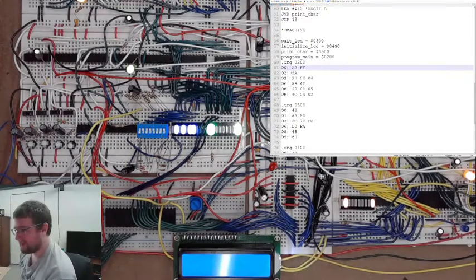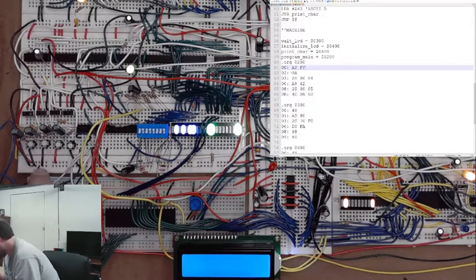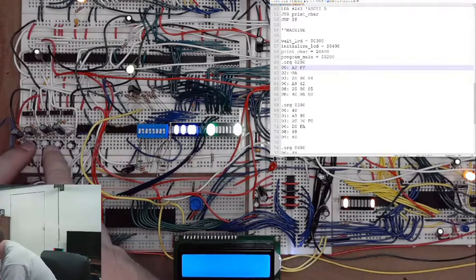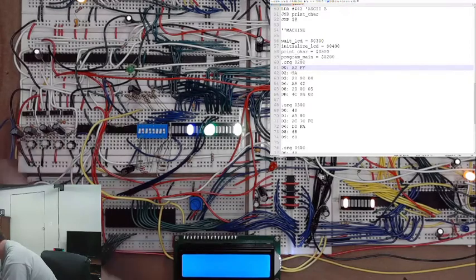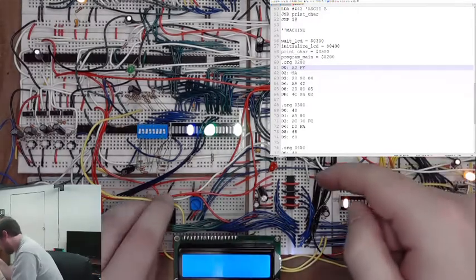I'm not sure if I can get the thing to read it though. So that is 9A. Why didn't that? Oh, maybe I pressed that button. Did that work? I don't know. That's the problem. But what we can do is reset and see if the hotfix worked.